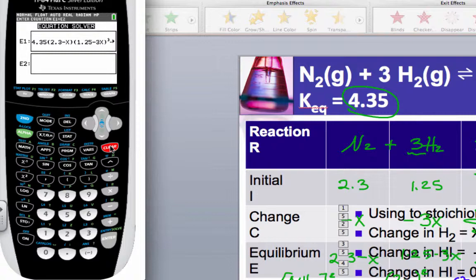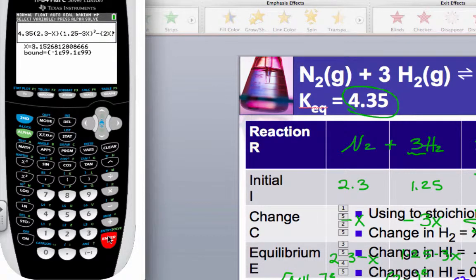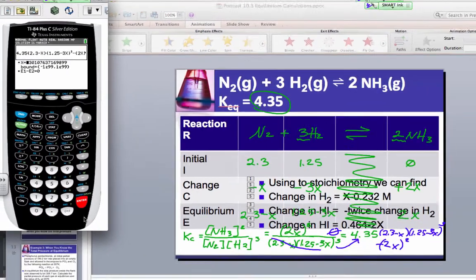Okay, and I'm setting that equal to 0 in my other equation. And now I push enter so that I can put in an assumption for x, which will be 1. And then I want to use alpha solve to evaluate my equation. So I get 0.301 molar.